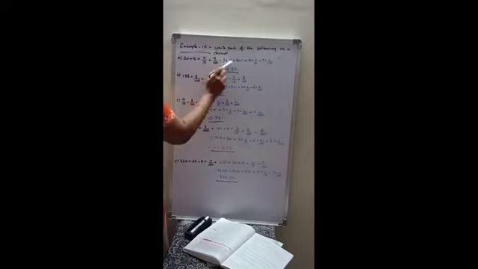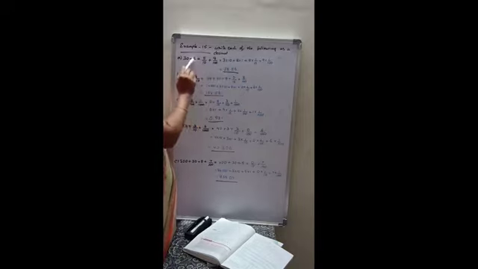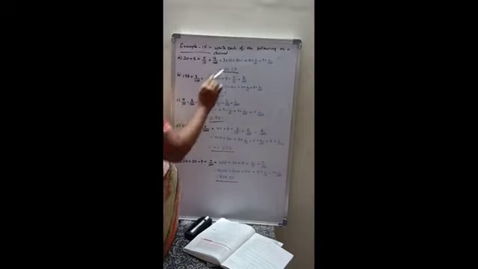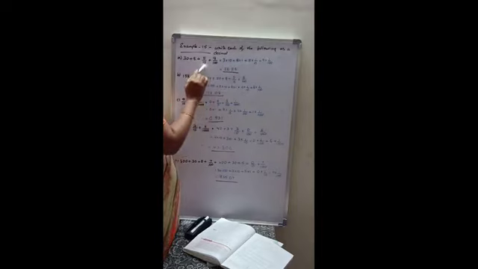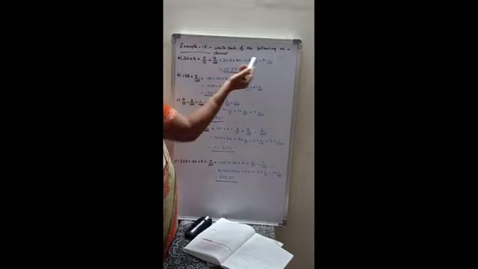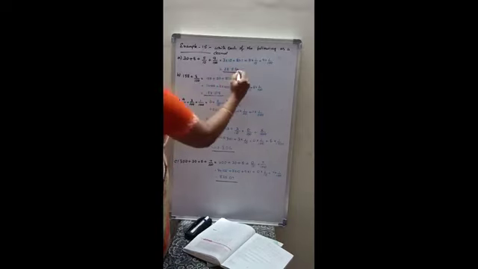So write down 3 into 10. How many ones? 8 ones, 8 into 1, plus how many 1 by 10s? 5 1 by 10s. So 5 into 1 by 10 plus how many hundredths here? 9, so 9 into 1 by 100. So you can write down the decimal number: 38.59 is the decimal number.